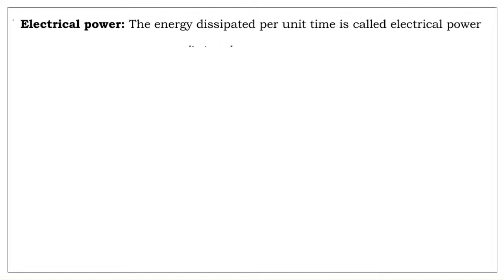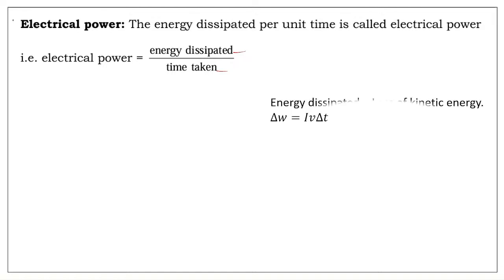Next, electrical power. The energy dissipated per unit time is called electrical power. The formula is electric power is equal to energy dissipated by time taken.